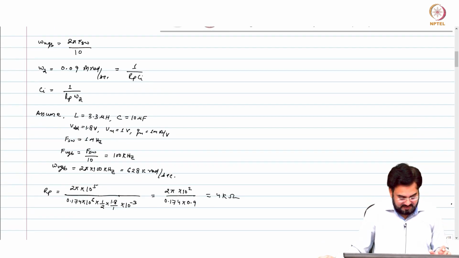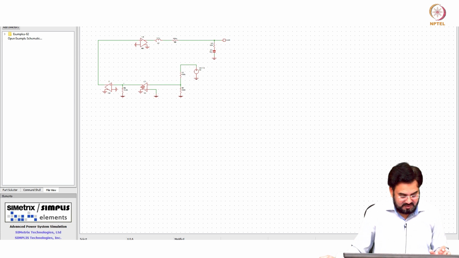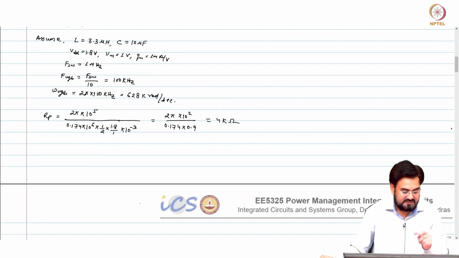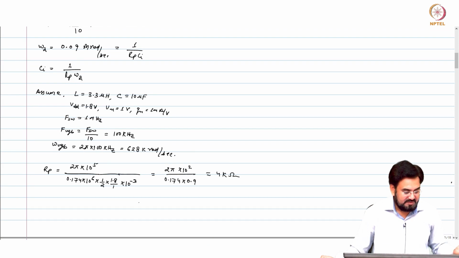So, now in order to have that 0, we need to have that capacitor. So, based on this 14.2, if I calculate the value of C, how much will that be?